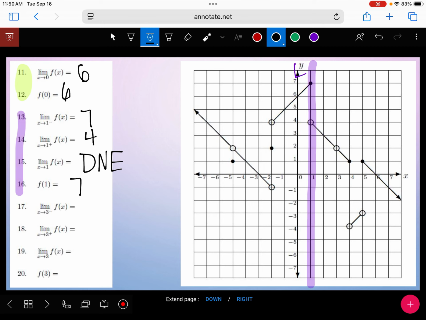All right, now let's move on to 17 through 20. You always want to identify what is happening at that point. So 17 through 20 is right here at 3.